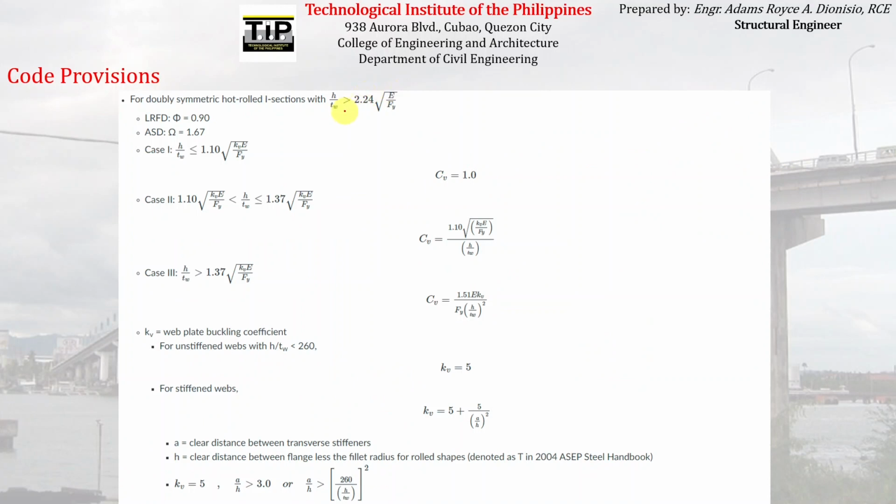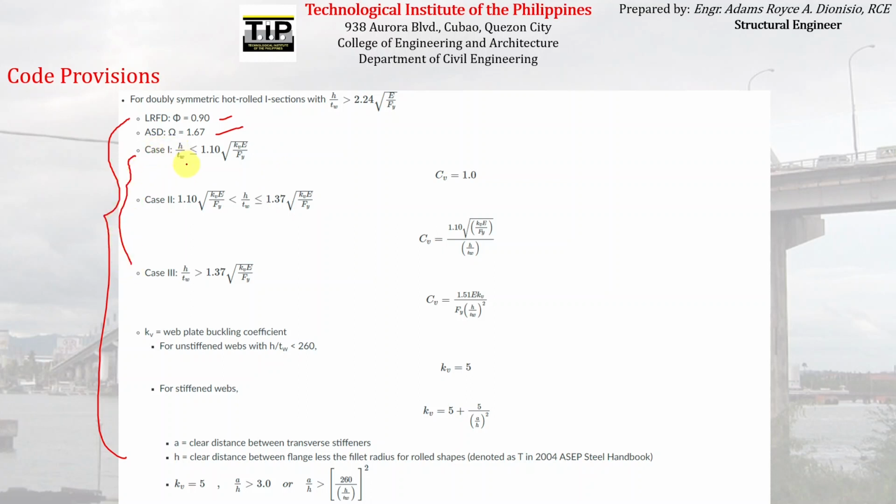For the case of h over tw greater than 2.24 square root of E over Fy, we can use these corresponding parameters. For LRFD, we can use a value of phi equal to 0.9, and for ASD, omega equal to 1.67. And then for the web shear coefficient, we have three cases to check.